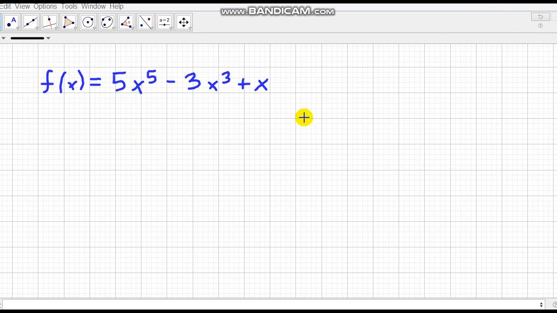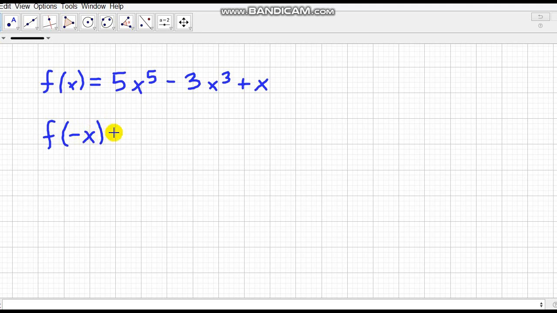Okay, so let's have an example here. We have f of x is equal to 5x raised to the 5th power minus 3x cubed plus x. So we'd like to know whether this function is odd or even. Let's change the x in f of x to negative x.